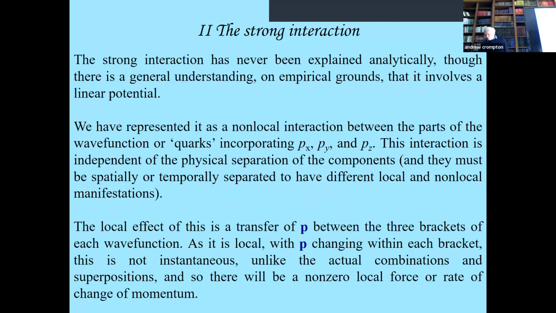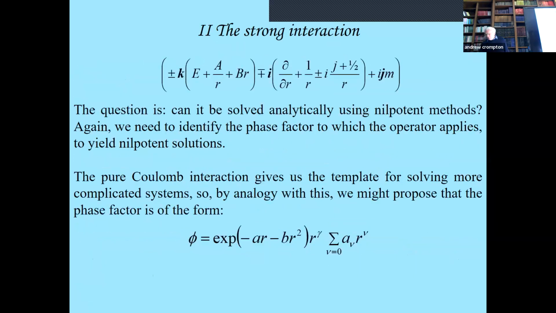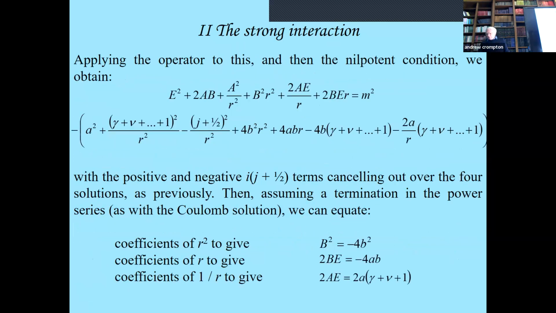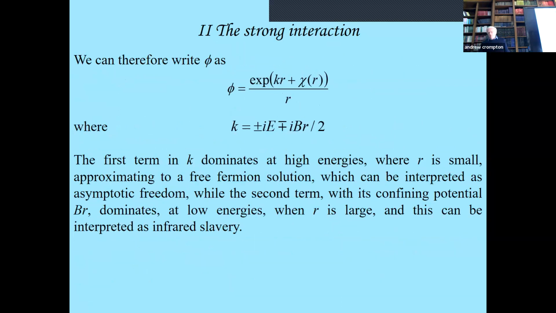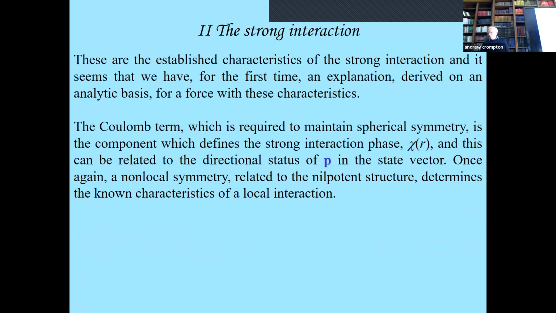So that interaction alone is a linear potential. Then all we've got to do is put it into our equation. Now you see the potential equation as A over R plus BR, a different term from the last one. And we can do a phase term for that. That's the thing that we have to be able to do. And then we just work that out and we get all this stuff. And eventually we can show that it's got exactly the same characteristics as we expect from the strong interaction.